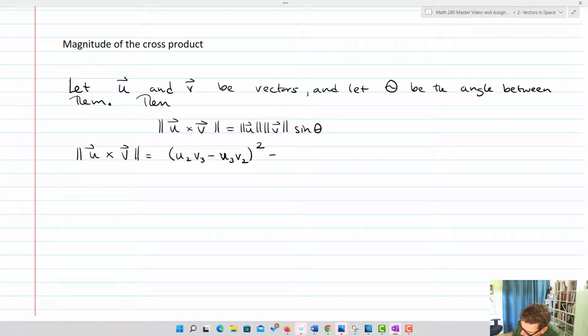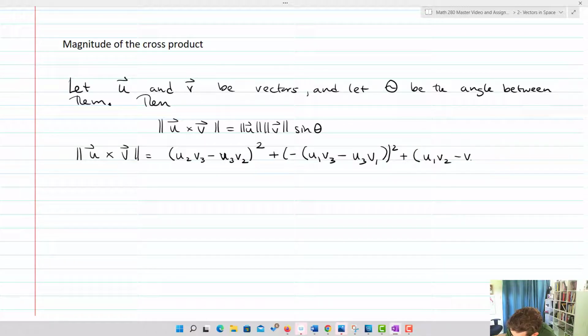Then the second component, it's a negative, so it's going to be plus, and it'll be u1 v3 minus u3 v1, and we'll square that. So it actually ends up being the same number. You can get rid of the negative if you'd like. Plus, and then we'll have u1 v2 minus u2 v1, and we'll take that one squared.